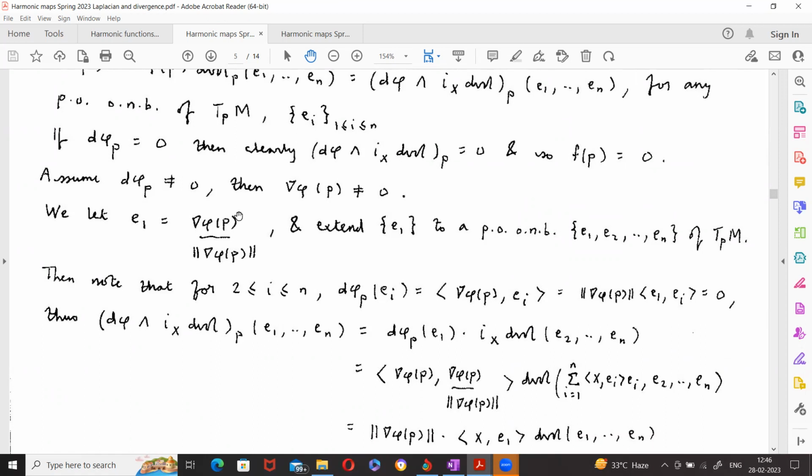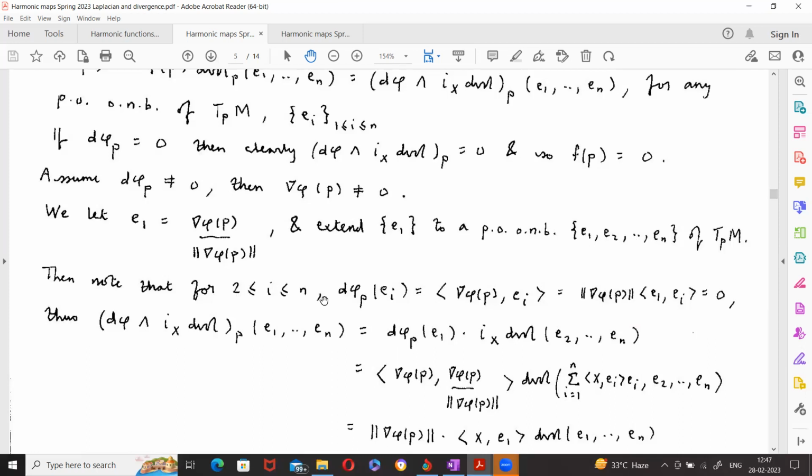I can do this because grad phi at p is non-zero. Now I extend E1 to a positively oriented orthonormal basis E1, E2, up to En. That means E2 up to En are orthogonal to grad phi, and I am going to use that now.